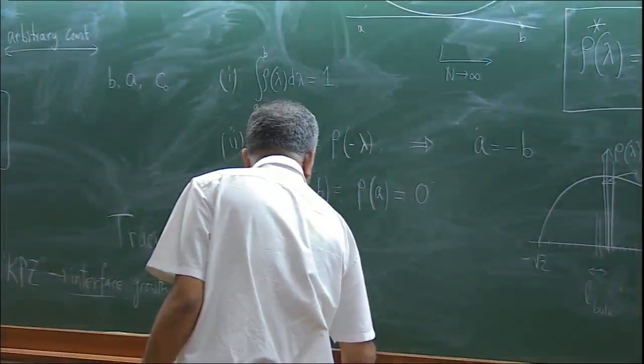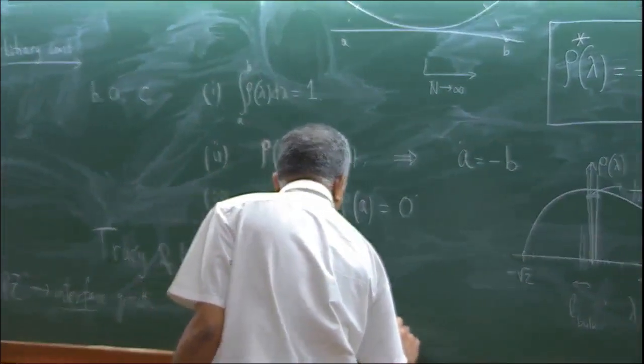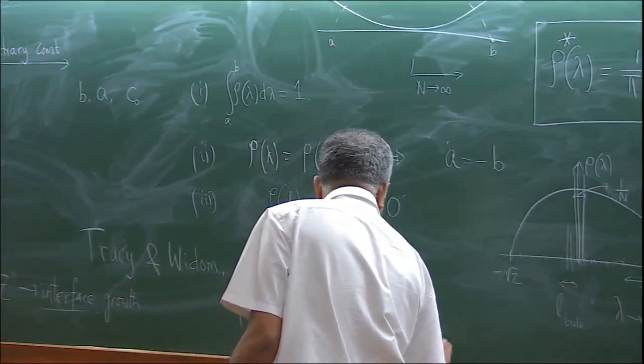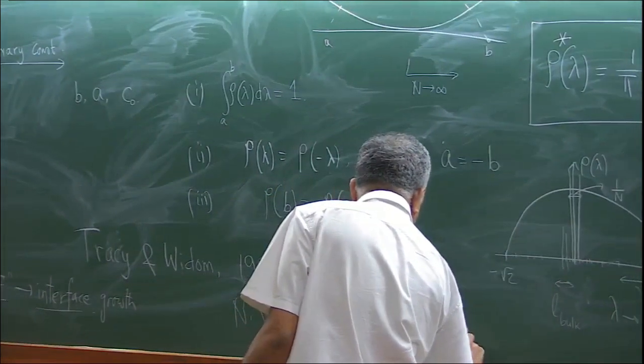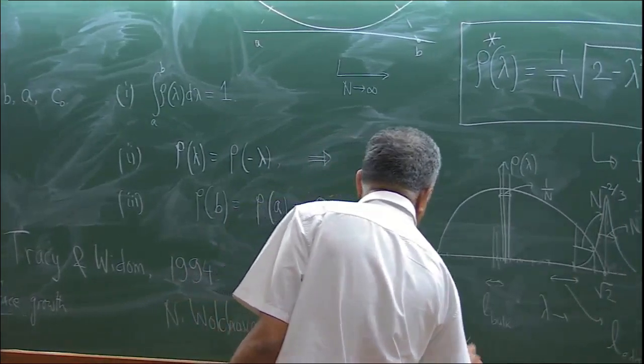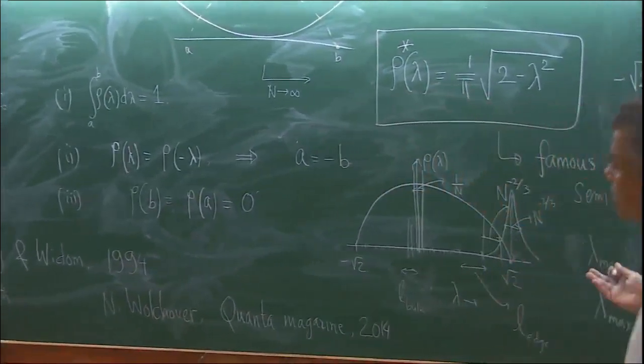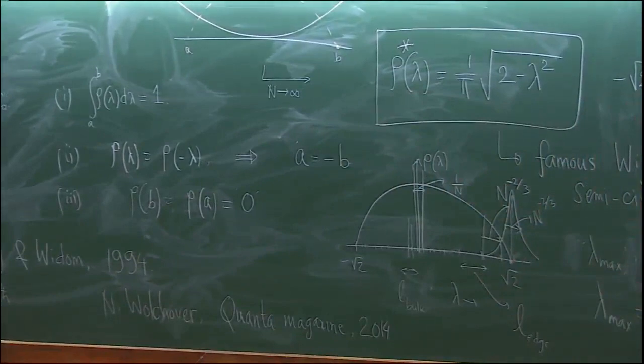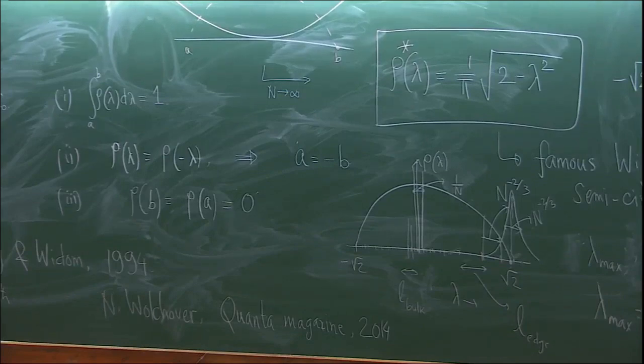There's an article by Natalie Wolchover in Quanta magazine, a popular article if you want to read. So there are many different systems where people found this Tracy-Widom distribution, in liquid crystals, and it has now been measured in several experiments. There's a lot of activity going on around the distribution of lambda max.